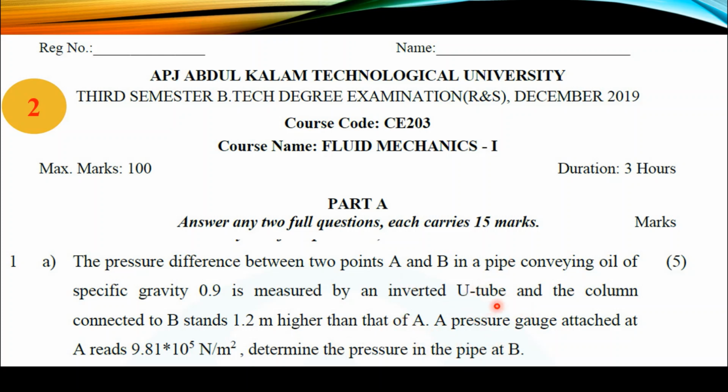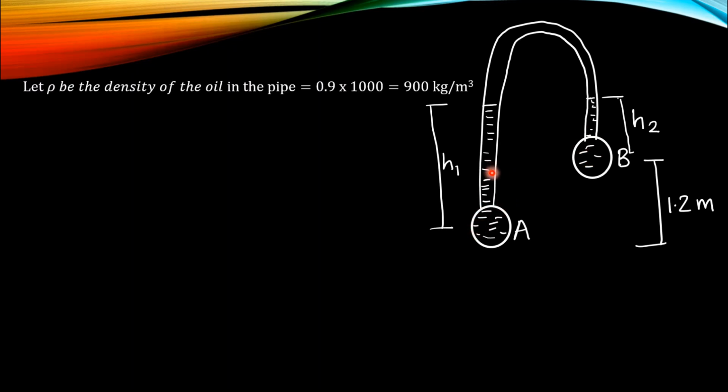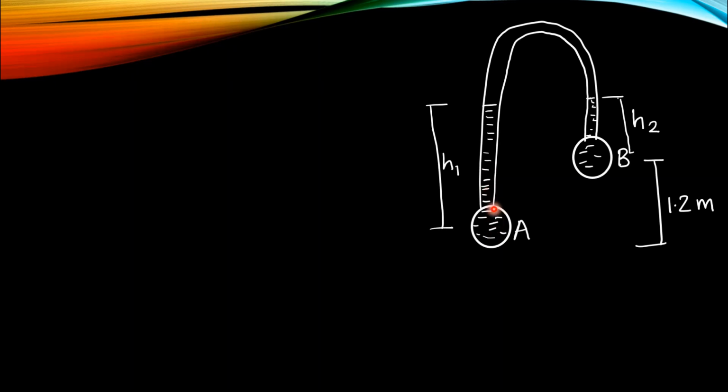So in this question, here we have used inverted U-tube manometers. So let me draw the figure. A and B. B is at the height of 1.2 meter from A. It's attached with the inverted U-tube manometer, and oil of specific gravity 0.9 is flowing through it.